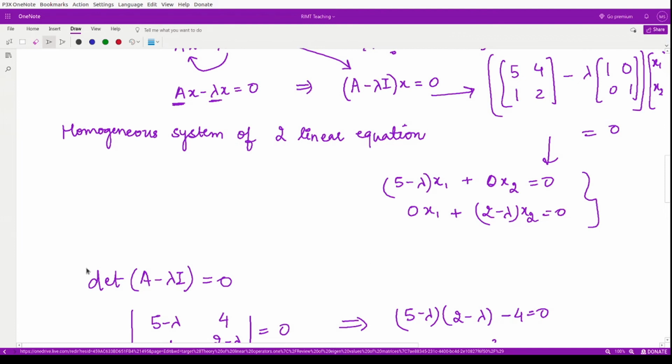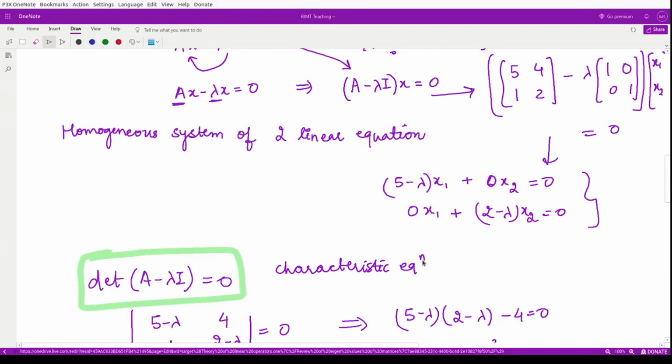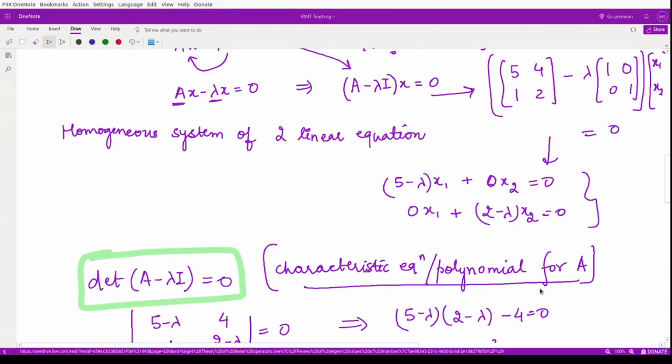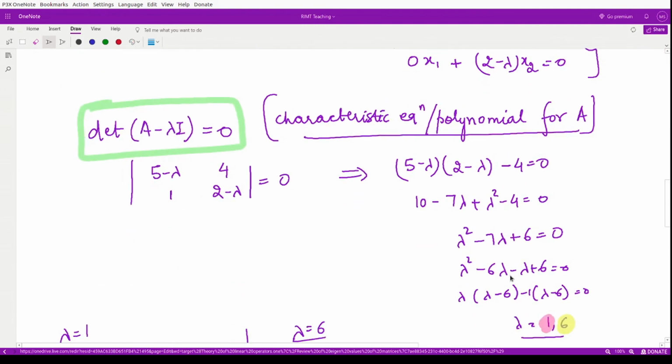And moreover, this equation here is known as the characteristic equation or characteristic polynomial for the matrix A, right? So you should remember this thing over here.